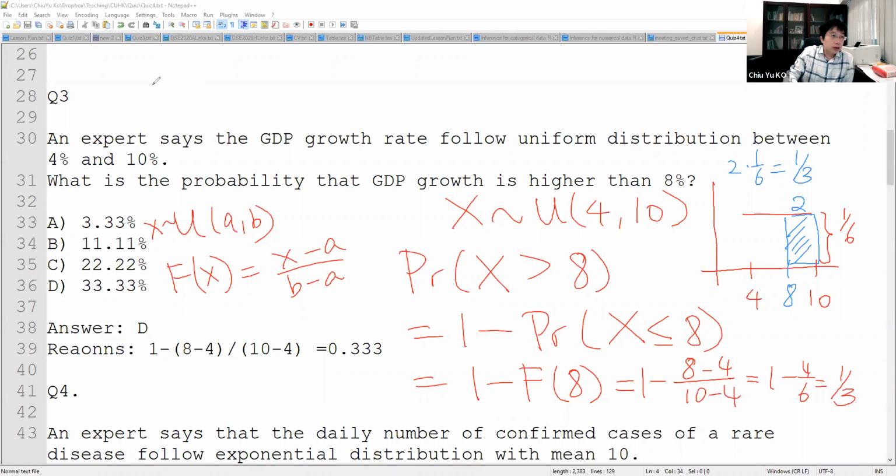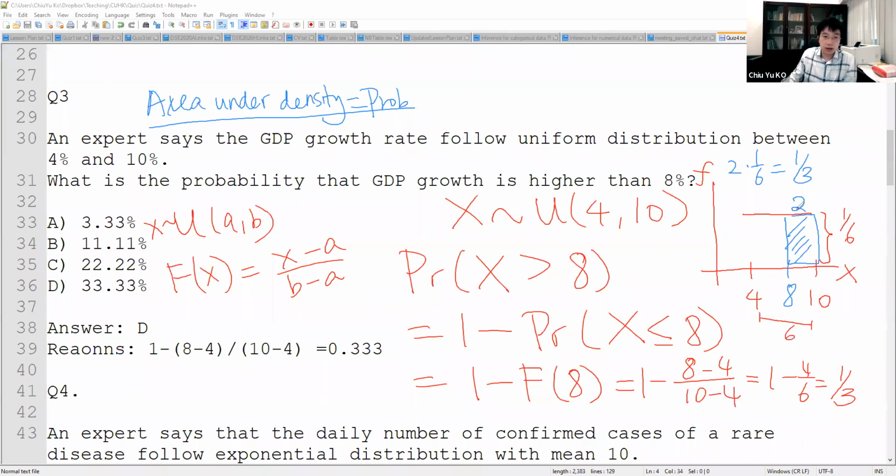So the area under the density curve, right, is probability, right? That's the meaning. Okay. So this, let me change the color. Okay. The red one is X. This is F, right? And uniformly from 4 to 10, right? And the base is 6, okay?